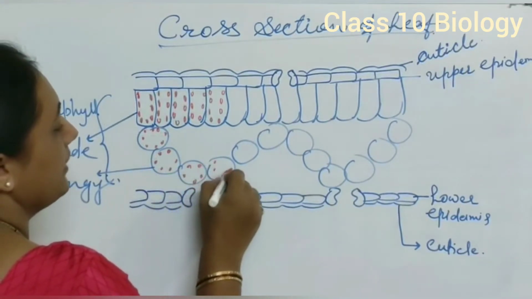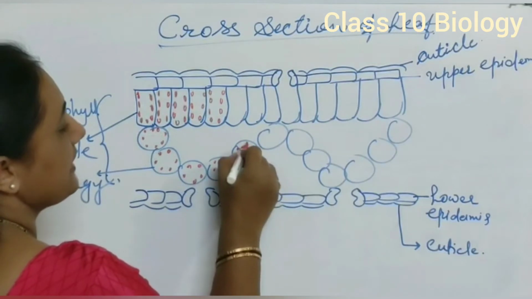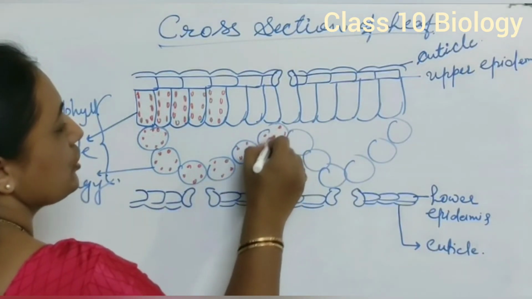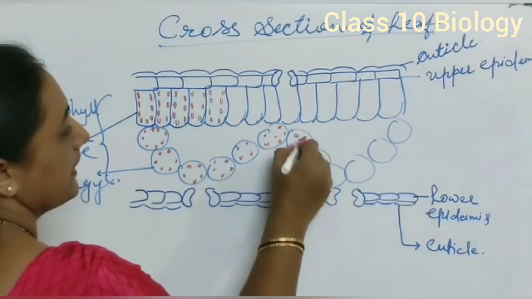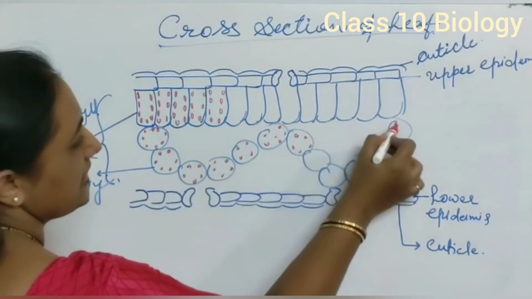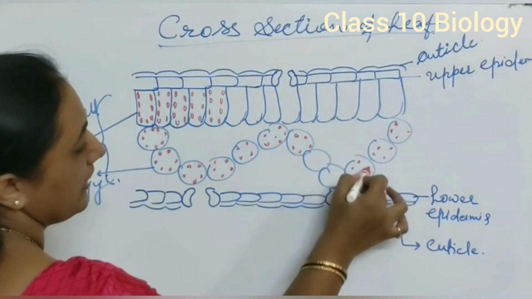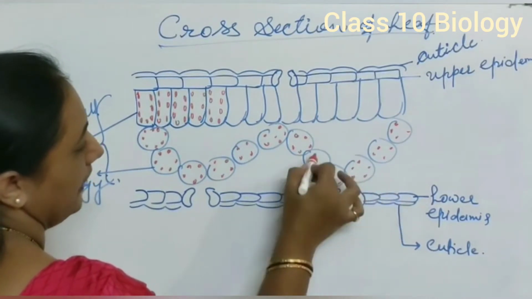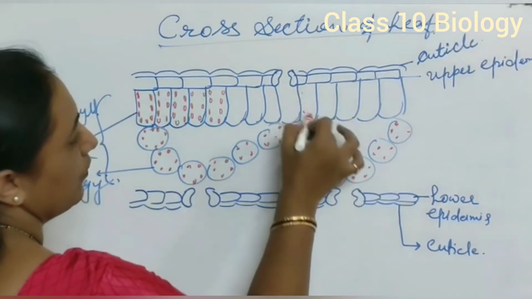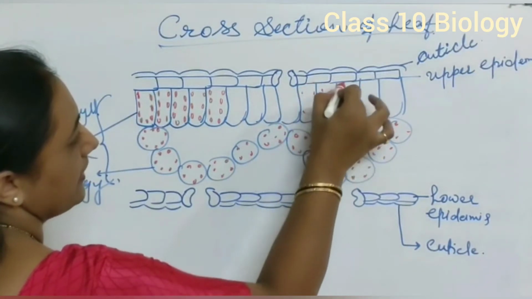Now here you find somewhere gaps in between these cells, especially in the region of spongy cells. This region is nothing but air space. We even call it an air chamber. Now we will see one by one the role of each chamber, each space.